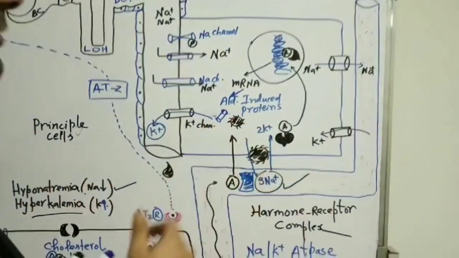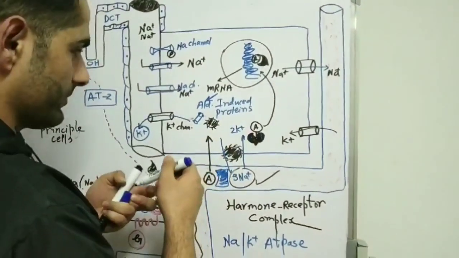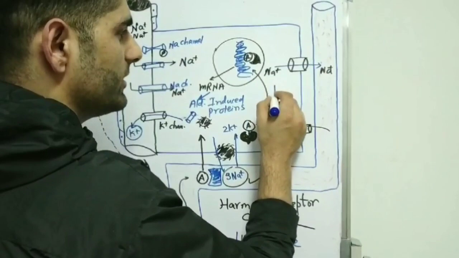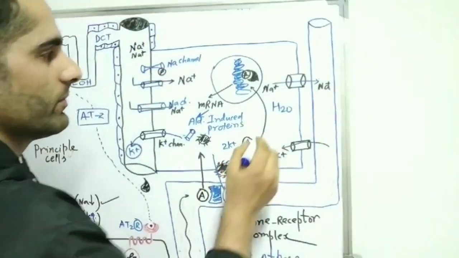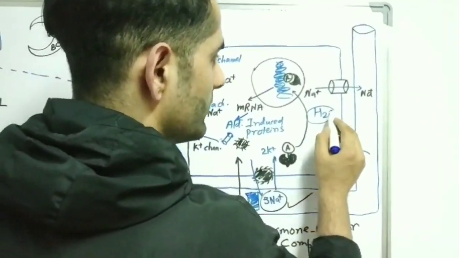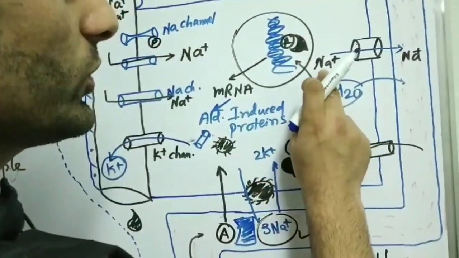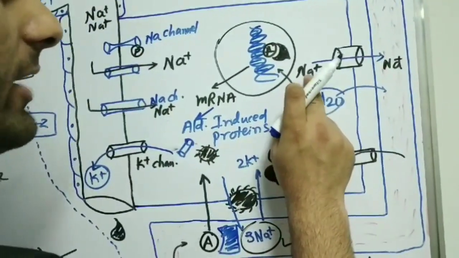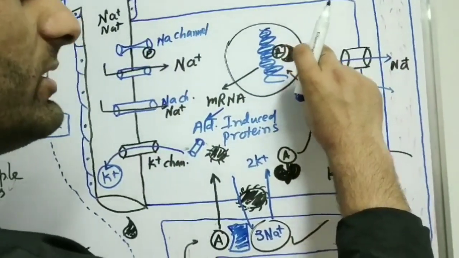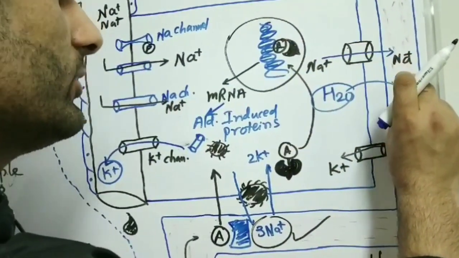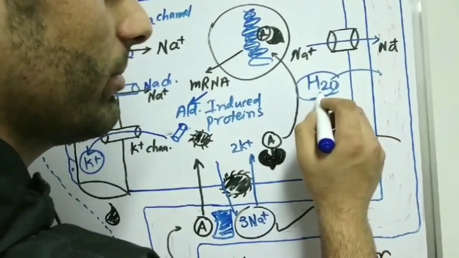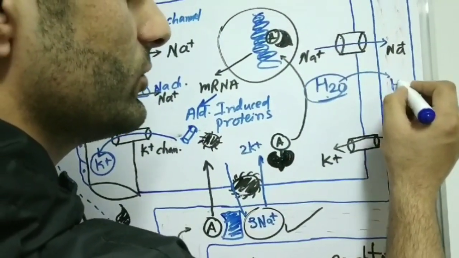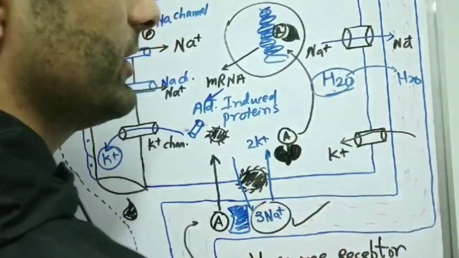Here one point I want to mention, that water always loves to go with the sodium. Water will also enter because sodium is entering from the principal cell into the blood. Also water will go from the principal cell and will enter into the bloodstream.